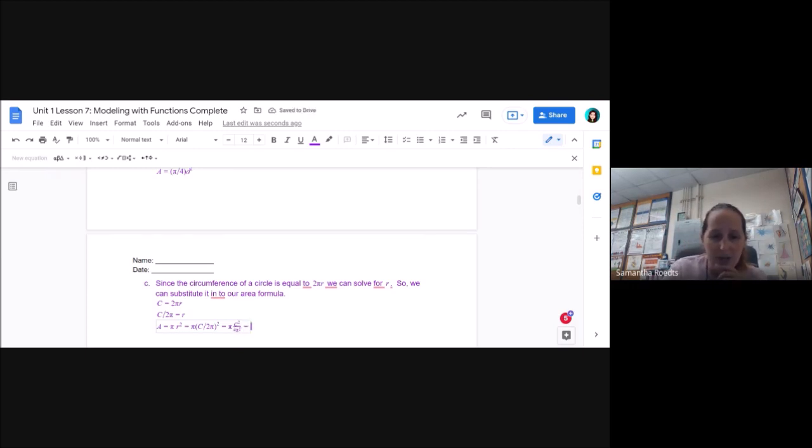So this pi right here and one of these pi's can cancel out. So I'm going to be left with c squared over 4 pi.